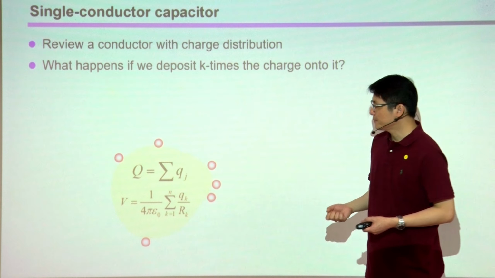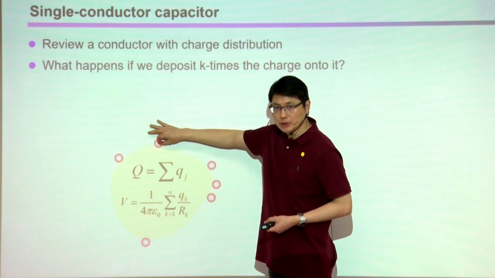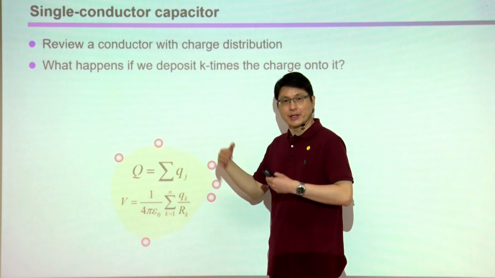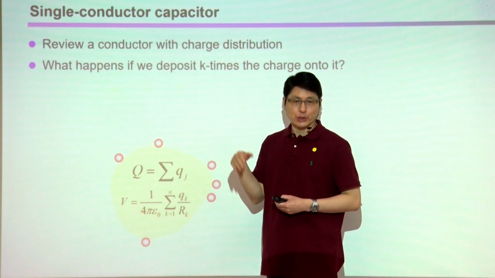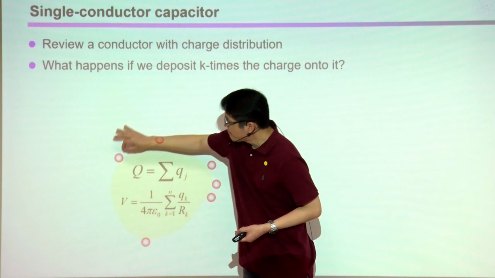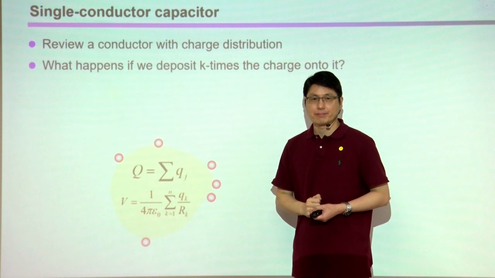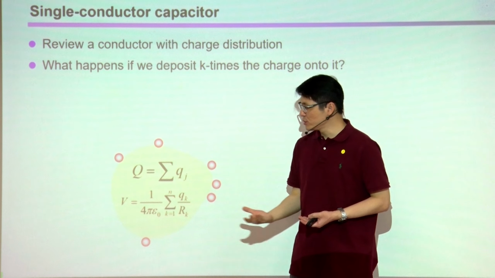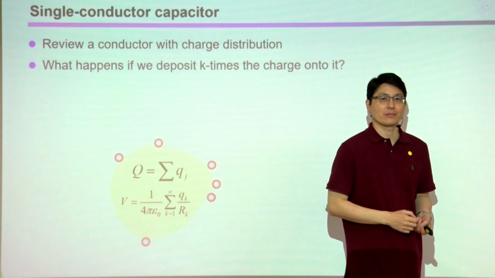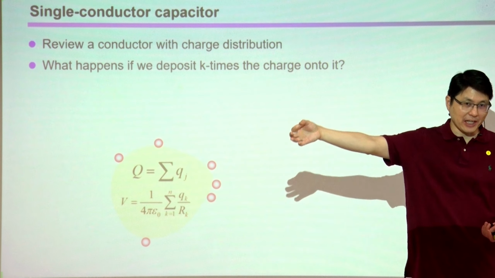From Coulomb's law, we know that a single charge can set up its own E-field pattern, and if you perform the negative line integration, you have electric potential. So the amount of charges you deposit on the surface of the metal actually gives rise to a total electric potential, right? So when you have charge, you have potential.